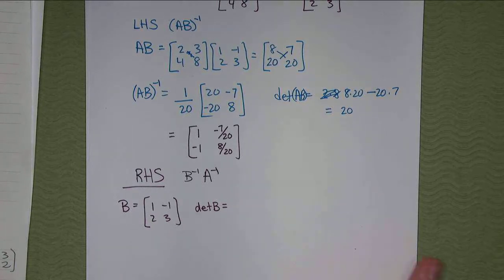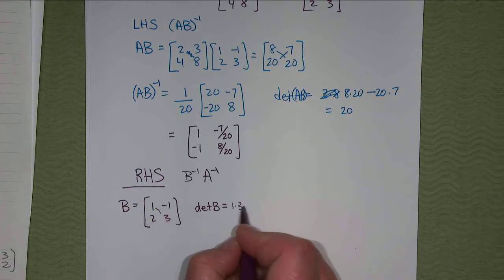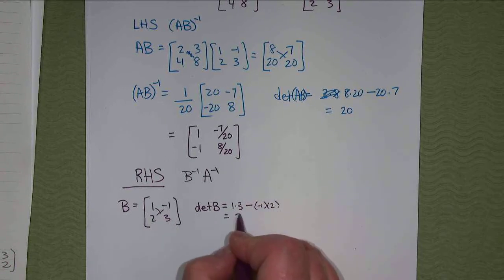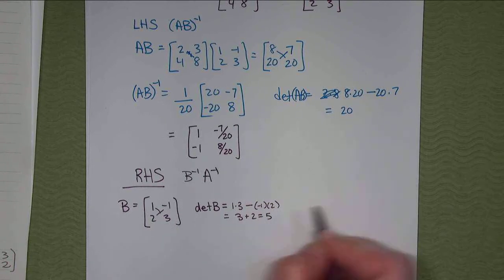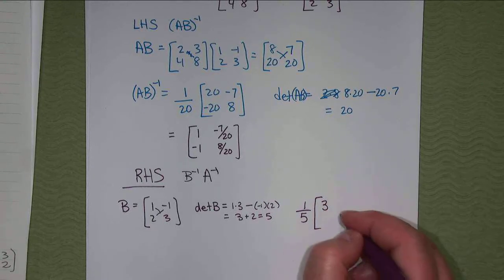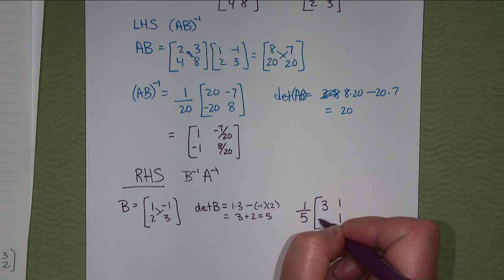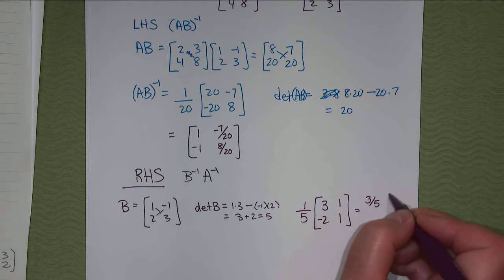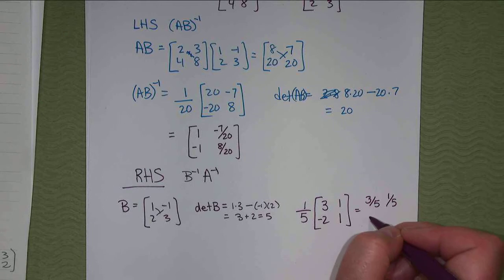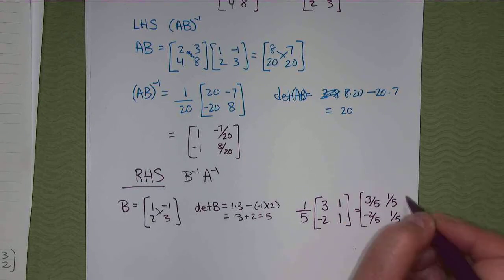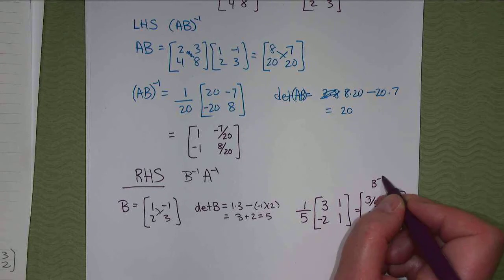So to find the inverse, we need the determinant. 1 times 3 minus negative 1 times 2 is 5. Switch the 1 and the 3 and change the sign of the other two. So there's B inverse. I'll just label it there so I remember.